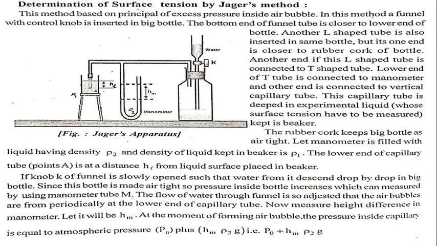One opening is fitted with the dropping funnel, that one opening of this bottle is fitted with the dropping funnel through a stopping cock, that is a stopping cock denoted by K.